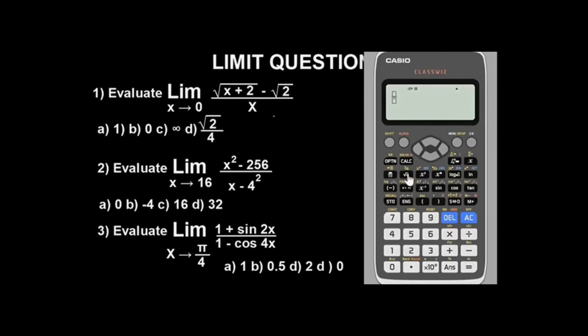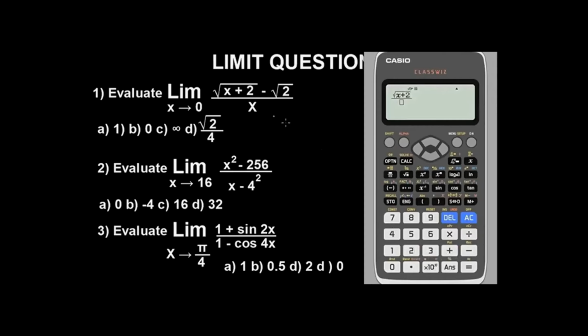So the numerator starting with a radical, a square root. So we press now to bring out the X that is stored. It's the same thing you will press in the Casio fx-991ES Plus calculator. You press alpha first, then this button, the X, to come out, then plus 2.